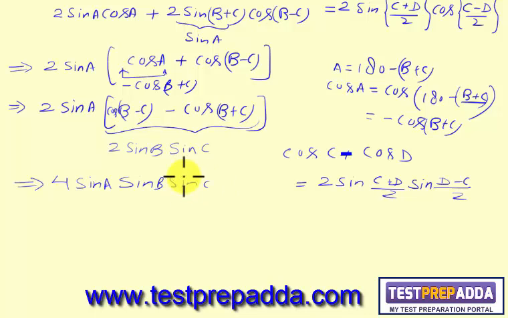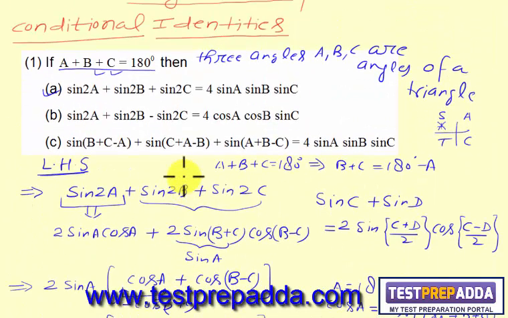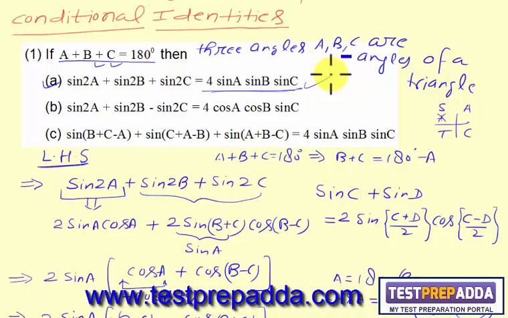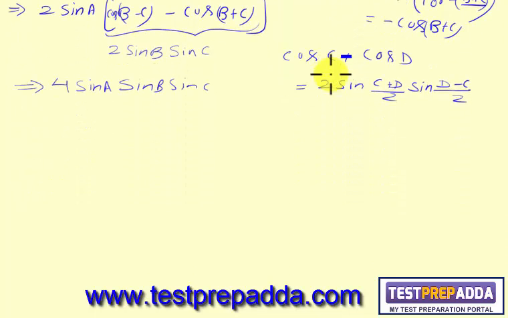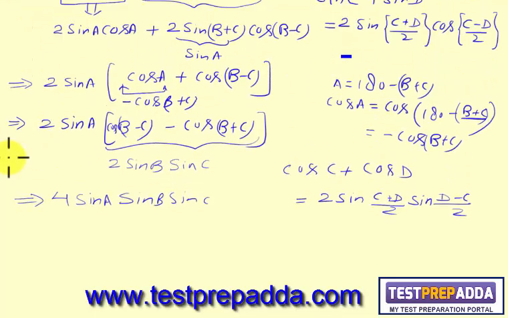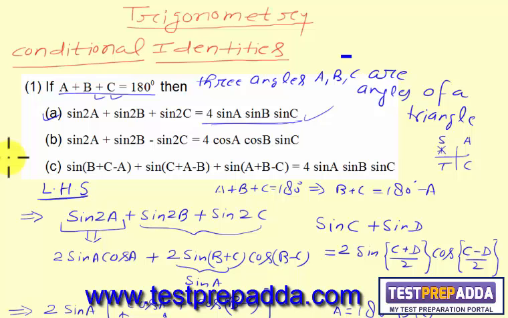Now you go and check. Here it is given 4 sin A sin B sin C. Hence proved. Okay. Now before I discuss this second one, let me tell you that in the exam they may ask this identity indirectly. It is not necessary that every time they will ask this identity directly.